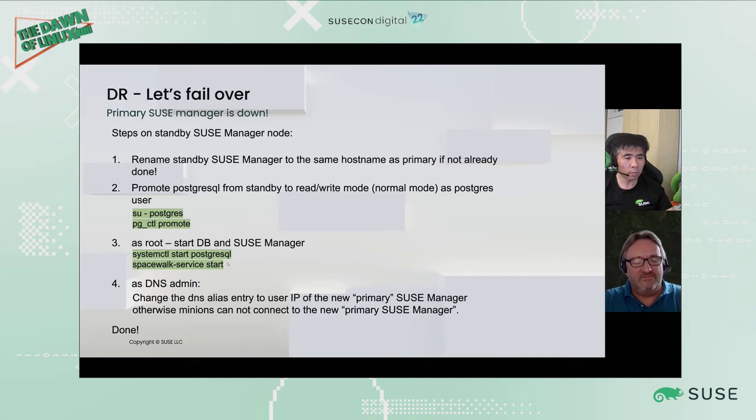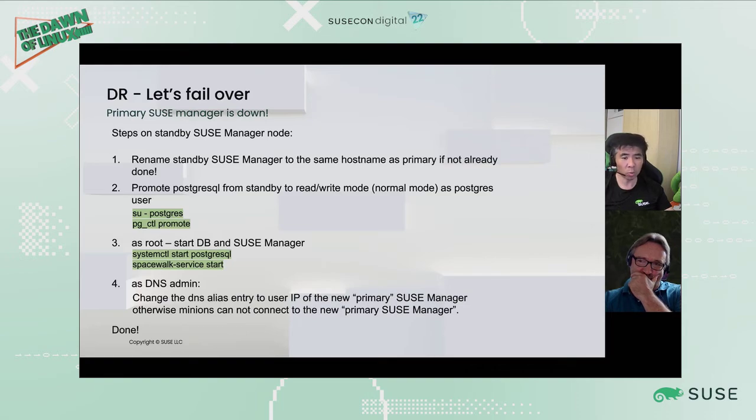And once the database is up and SUSE Manager is up and running, we need to ask our DNS administrator to make the change. Either you use an alias, or just change the entry pointing the hostname to the new IP address of the standby SUSE Manager, which is now the new primary server, right?